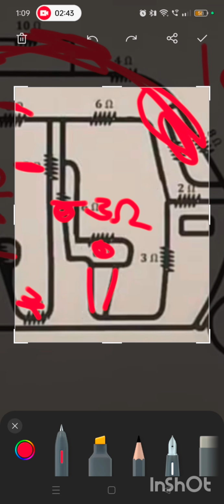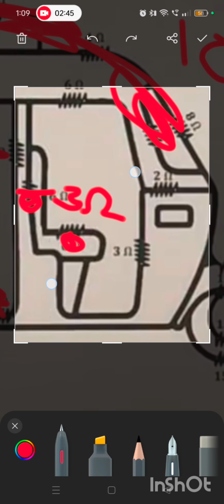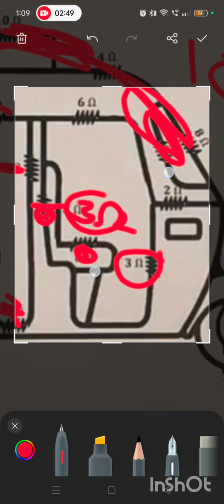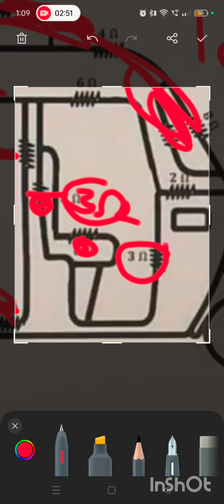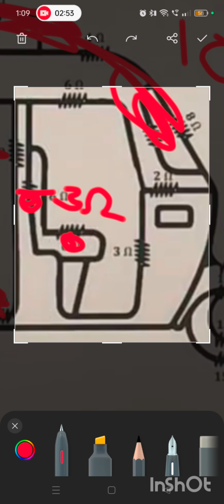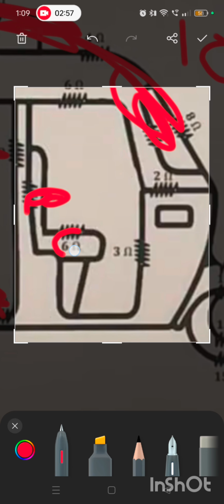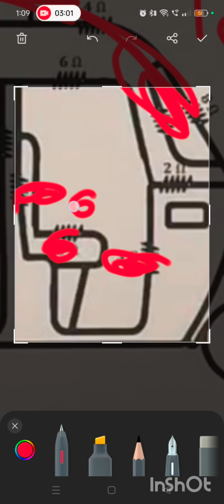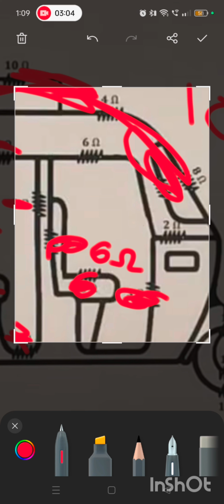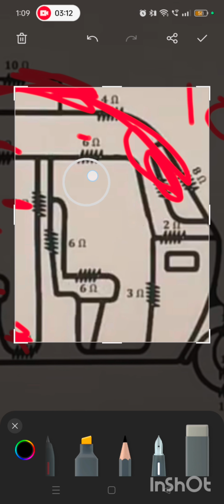We can assume it to be single wires. So this 3 ohm is in series with this 3 ohm, which together will form 6 ohms, right? This 6 ohm is in parallel with this 6 ohm, so they'll together form 3 ohms, due to parallel.